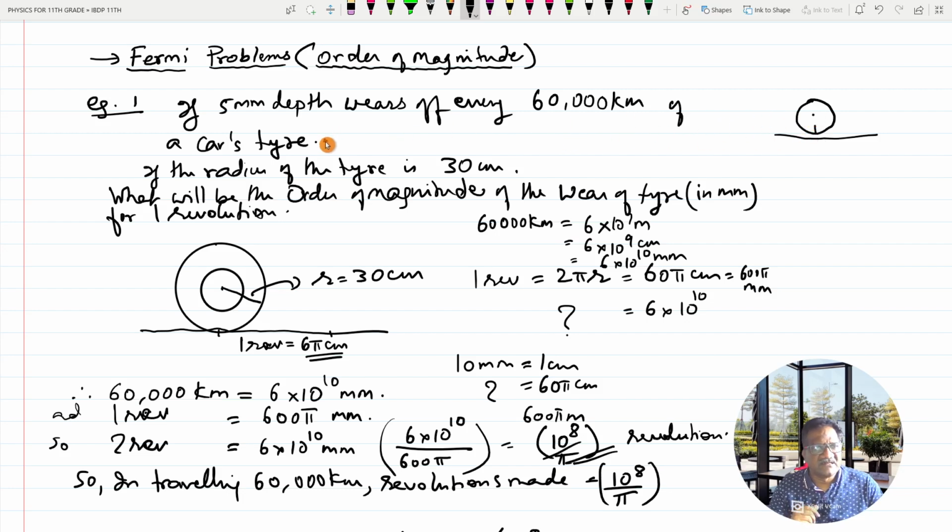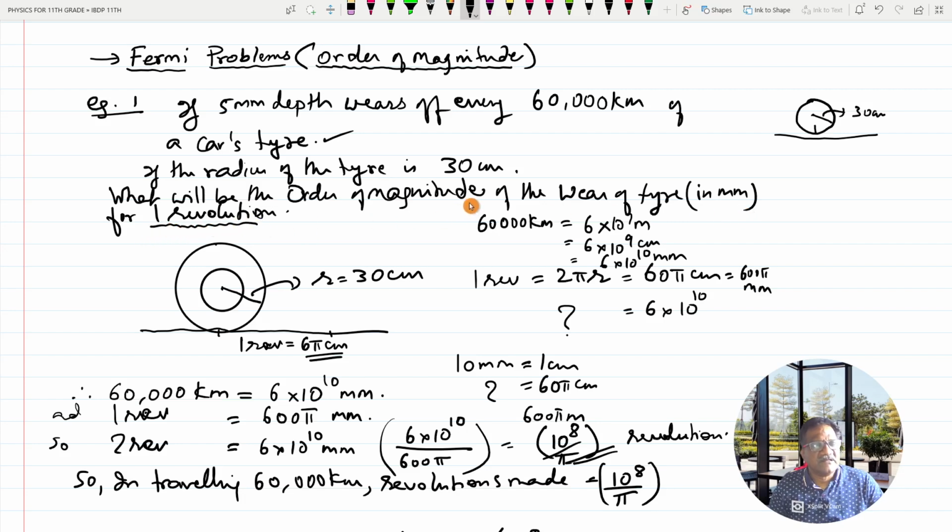That is the statement. Now, the information given here is that the radius of the tire is 30 centimeters. And the question asked is: what will be the order of magnitude of the wear of the tire in millimeters for one revolution?